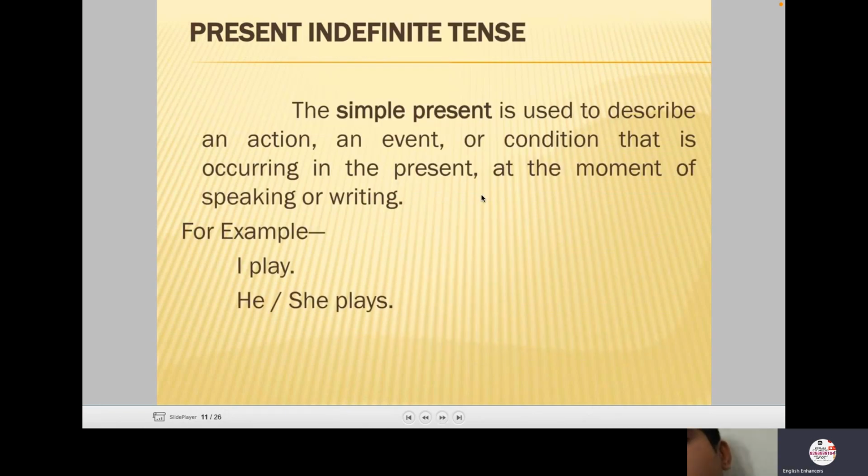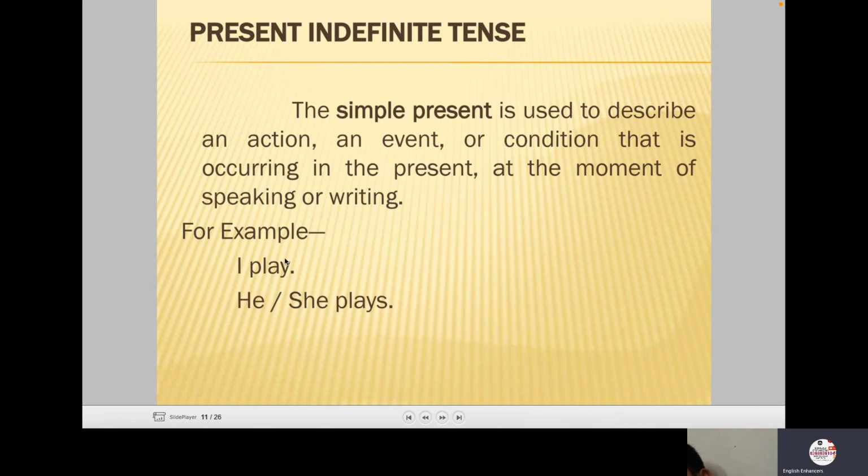Now simple present tense का कैसे रहता है? This goes like the simple present is used to describe an action, an event or condition that is occurring in the present at the moment of speaking or writing. For example, I play. Play पहली बात तो V1 है. टेंस करने से पहले हमें verbs भी आने चाहिए, यानी कि V1, V2, V3 verbs सारे बताने चाहिए.